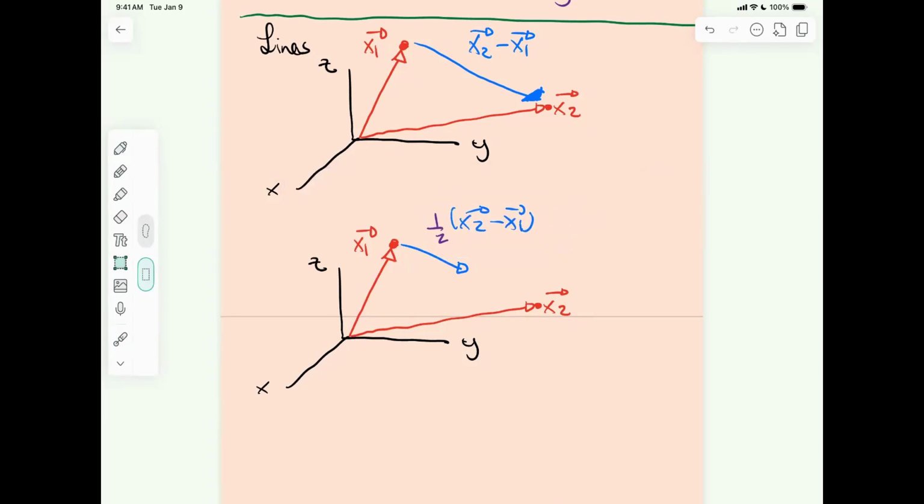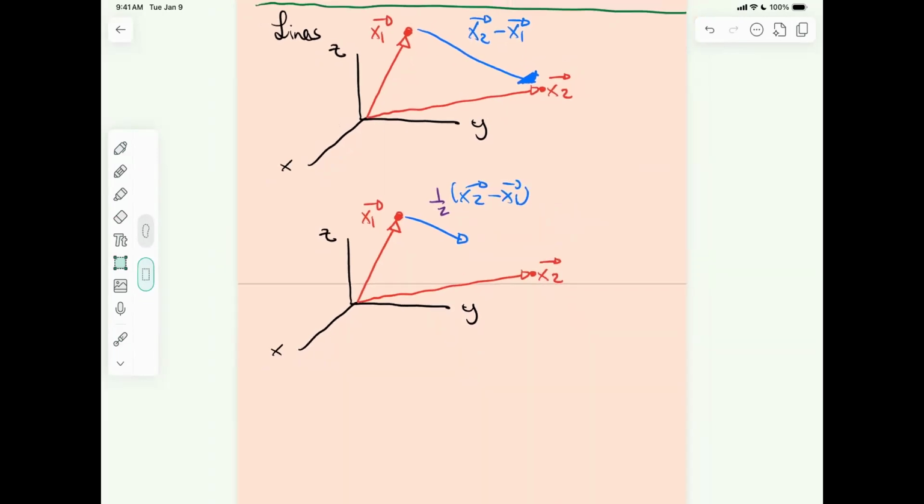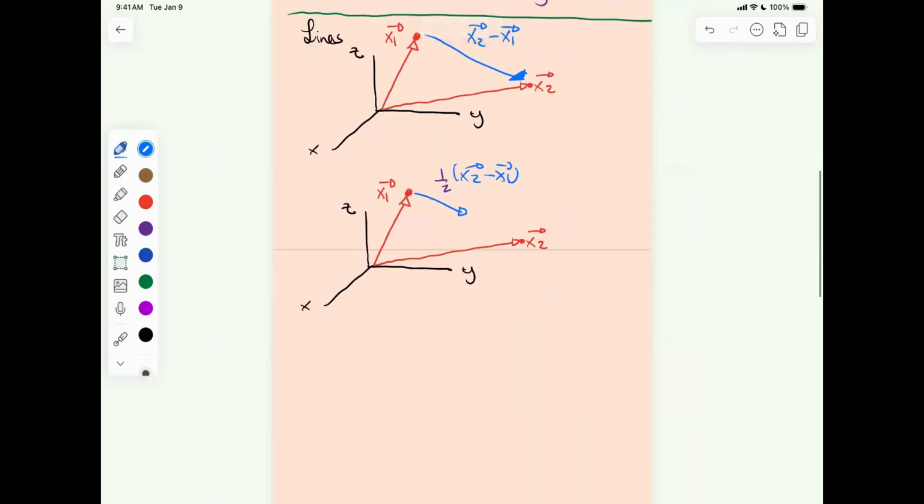Is that making sense? If you multiply by a number between 0 and 1, not necessarily 1/2, it will land somewhere in here. If it's a third, it would be somewhere in here. If it's 3/4, it's closer to x2. So in general, I'll call it lambda, because that's the usual name for it.